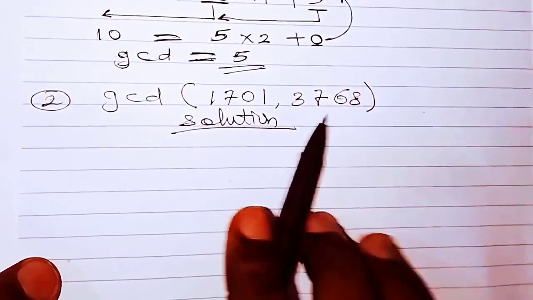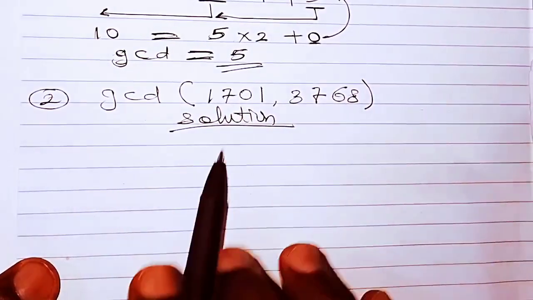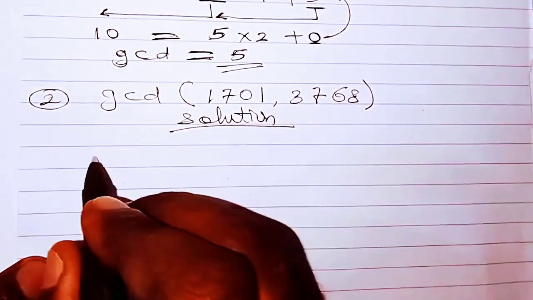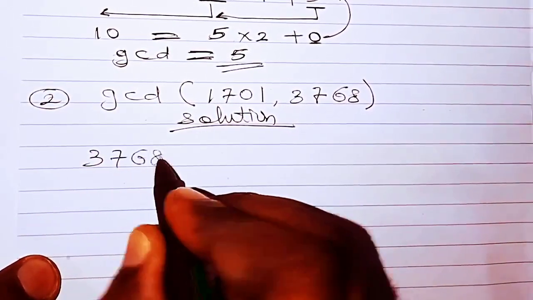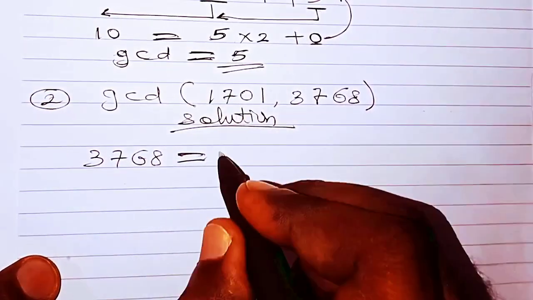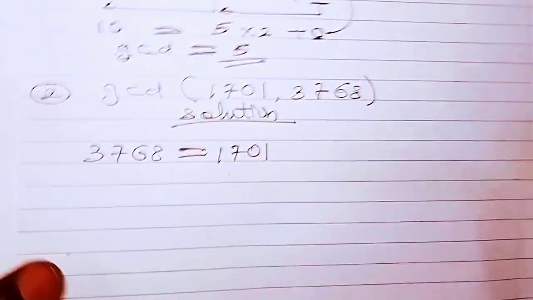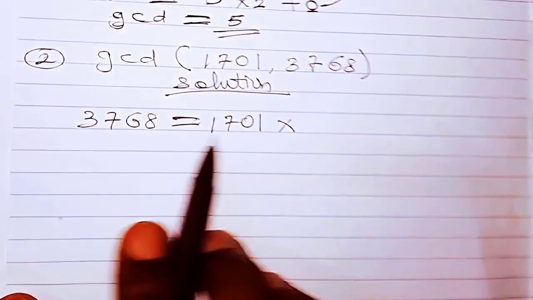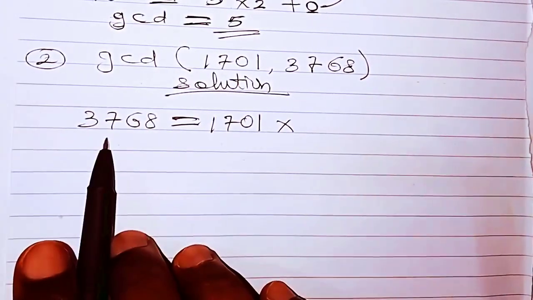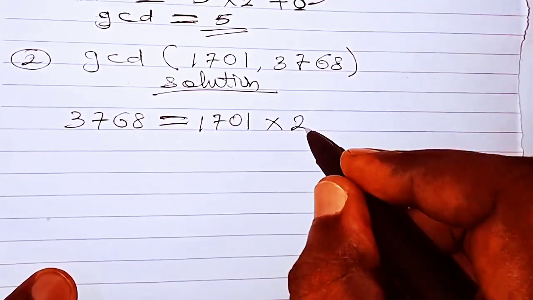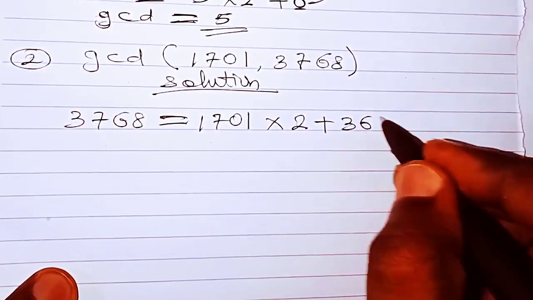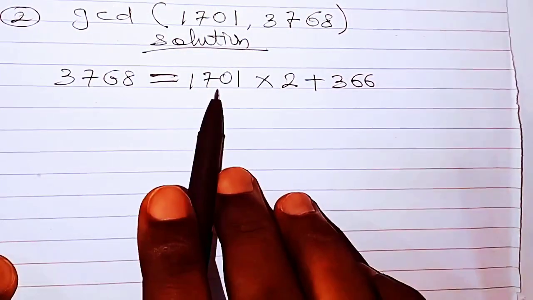And then don't forget the concept, we bring the bigger number here followed by the smaller number. This is going to be 3768 equal to the smaller one, 1701, multiplied by the number of times 1701 goes into 3768, which is actually 2. So times 2, the remainder is going to be 366. And then we bring this down here.